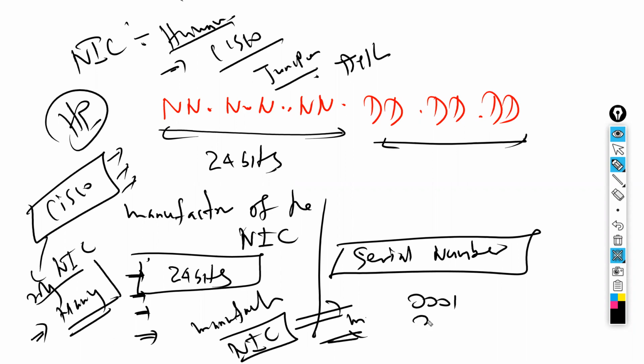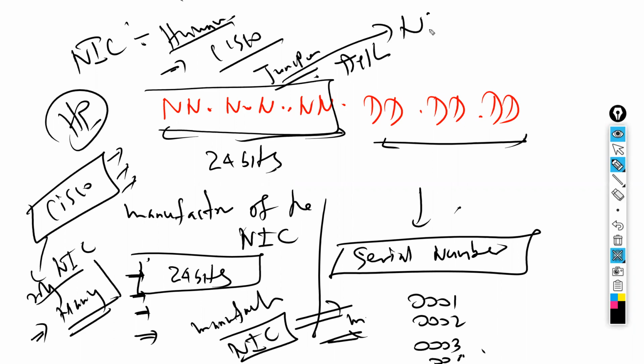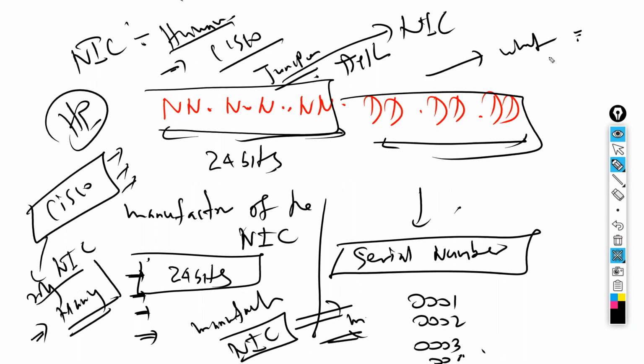You can't duplicate it. So that's the idea about this serial number. The first 24 bits represent the manufacturer. Who is the manufacturer of the NIC card? The second 24 bits represent what kind of card it is. Like our driving license card, it is the unique number that identifies that particular network card from the rest. How do I identify a particular NIC card? That is using the serial number.